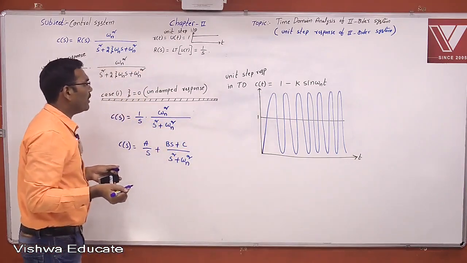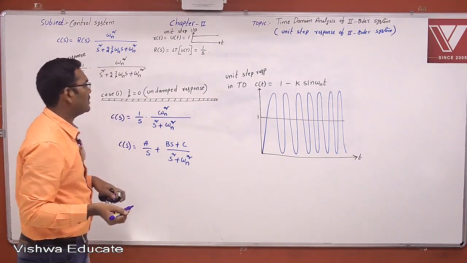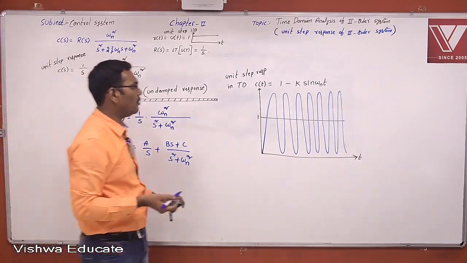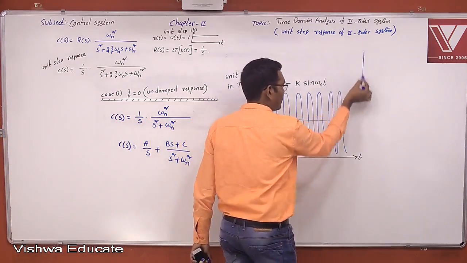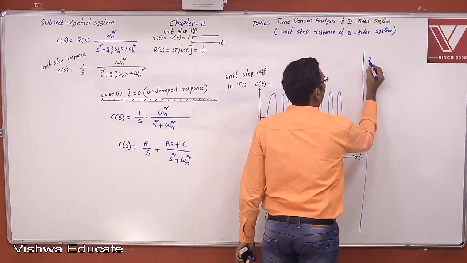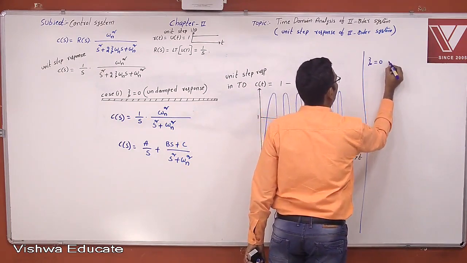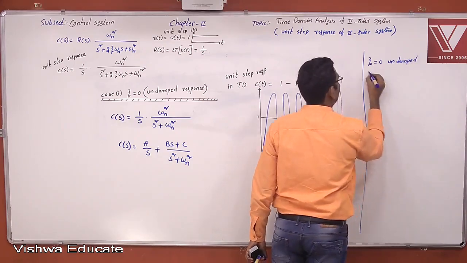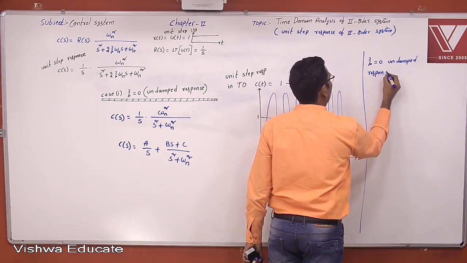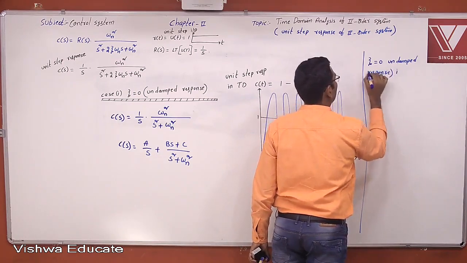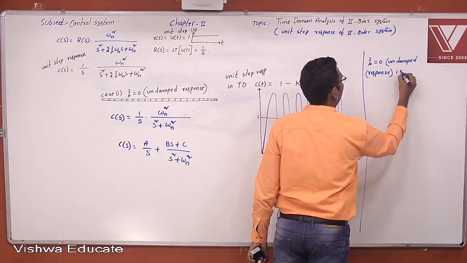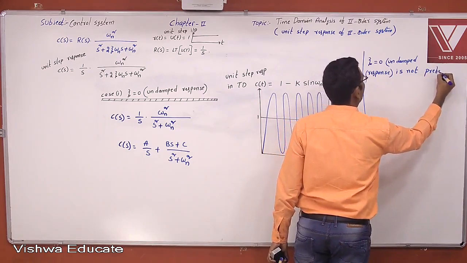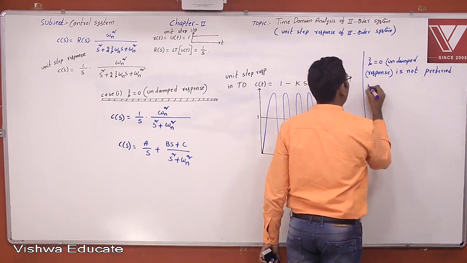Now, as a final analysis, can you practically prefer a damping factor zeta equal to 0? No, we never prefer a damping factor zeta equal to 0. The undamped response is not preferred practically.